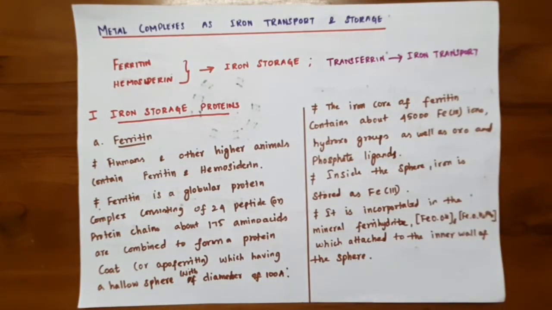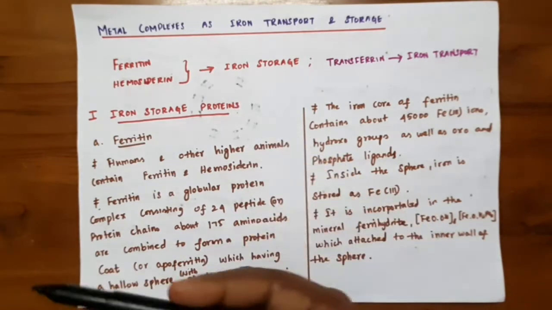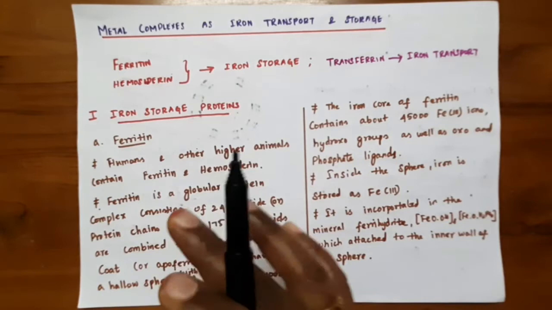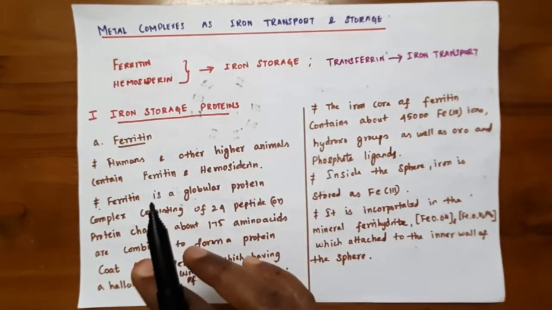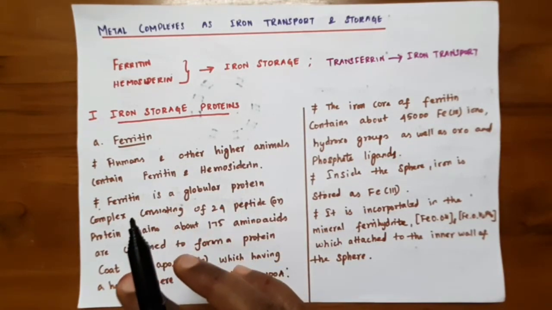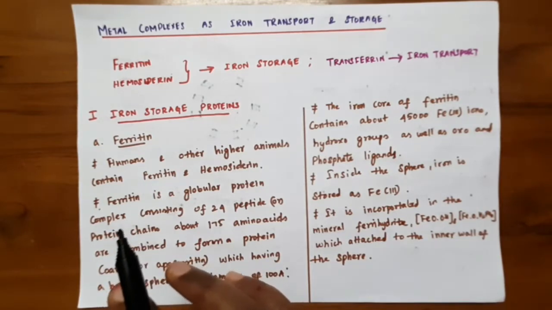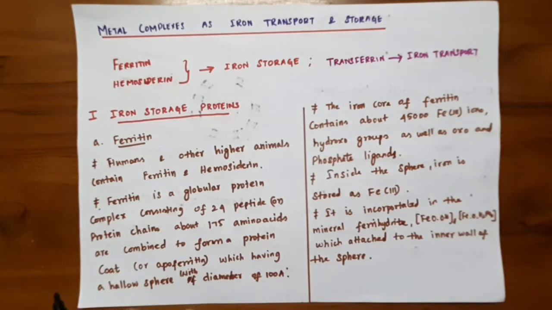Okay, and what is the role of iron in the living system? Iron is a very essential and very important mineral in the living system. Around 2 to 5 grams of iron, it's grams, not milligrams, is needed for the living system.